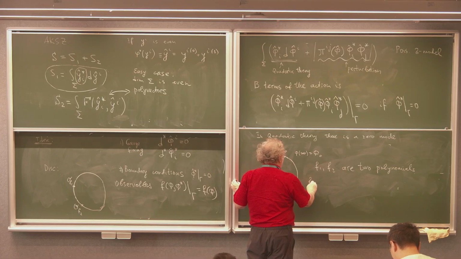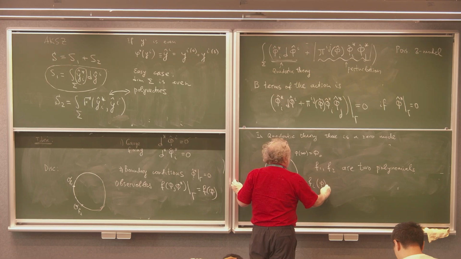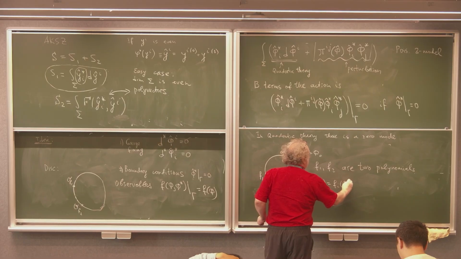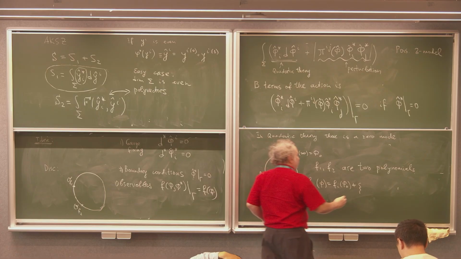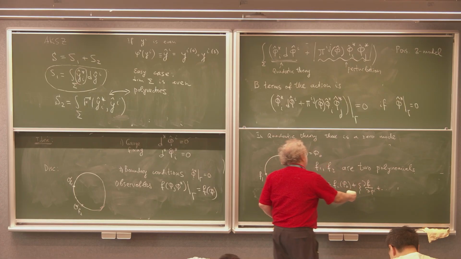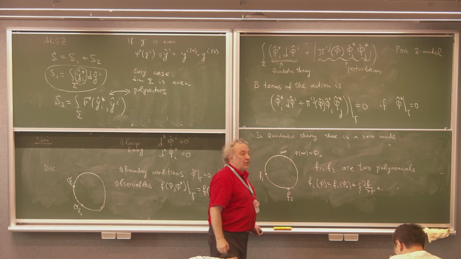So we expand them. F of phi would be F of phi 0 plus psi times dF over d phi i, plus etc. But these psi have nothing to correlate with.